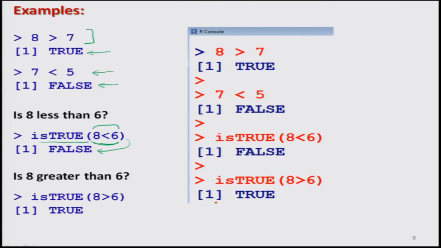And similarly, if I want to check whether 8 is greater than 6 or not, I write isTRUE, 8 greater than 6, and as soon as I enter, I get the answer TRUE. Yes, it is correct. So, let us try to do this example over the R console and see how these things can be done.